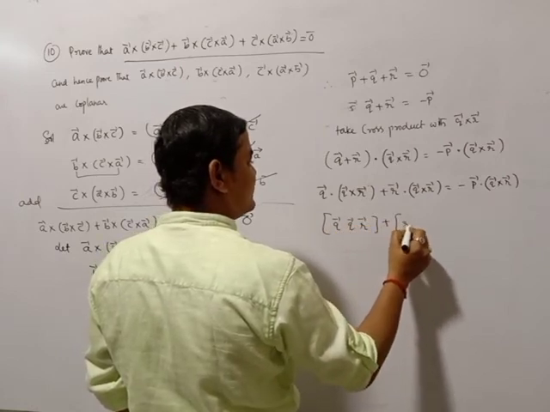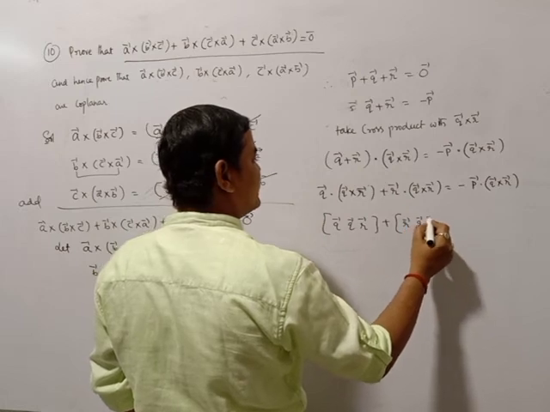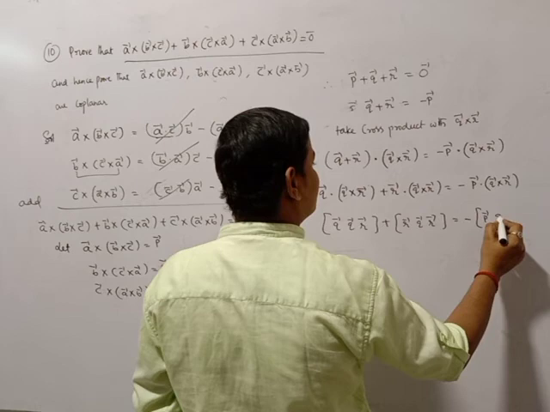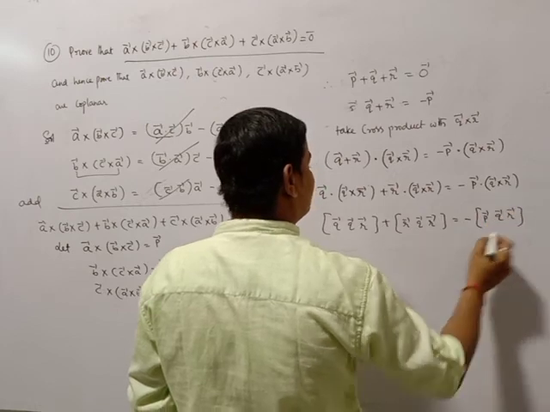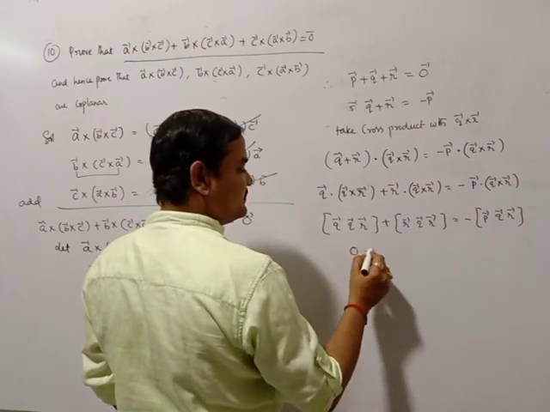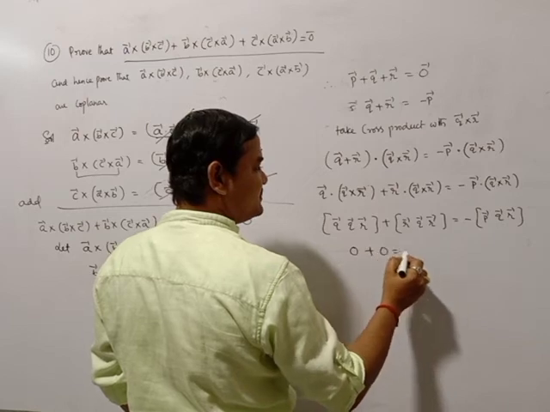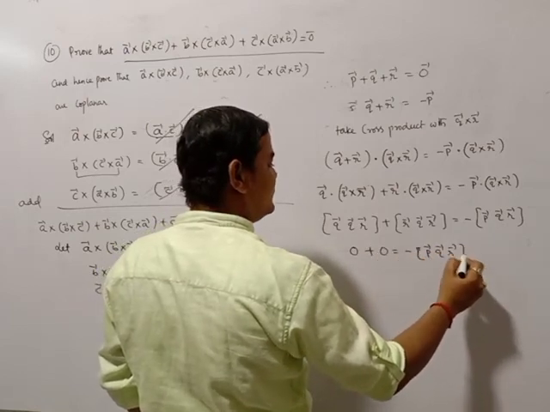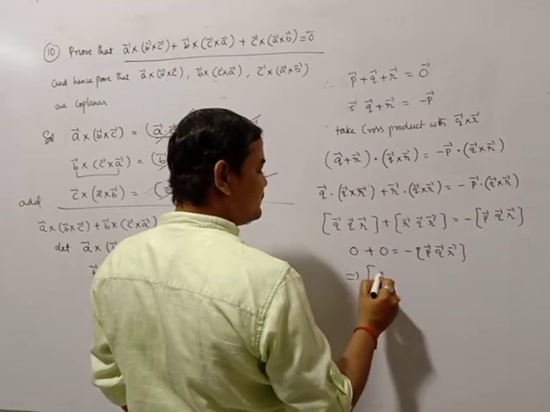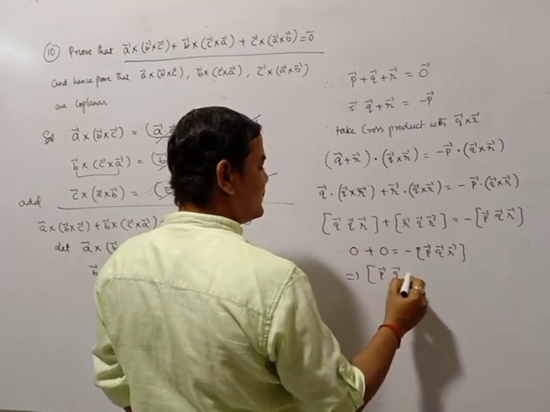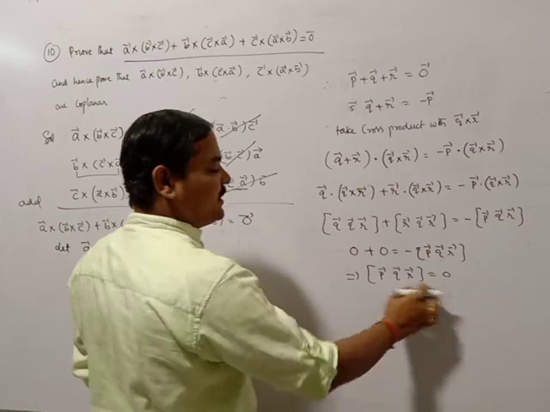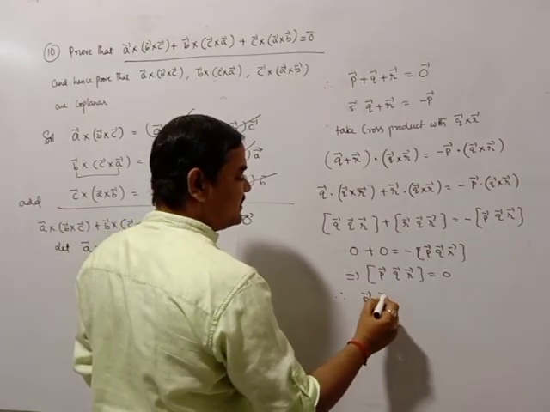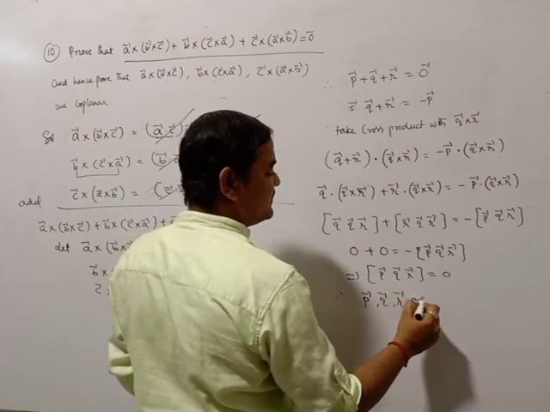This is also box r bar q bar r bar, equal to minus box of p bar q bar r bar. See, same vector means 0. So 0 is equal to minus box of p bar q bar r bar. So from this, box of p bar q bar r bar is equal to 0. Box of the three vectors is 0 means automatically these three vectors are coplanar.